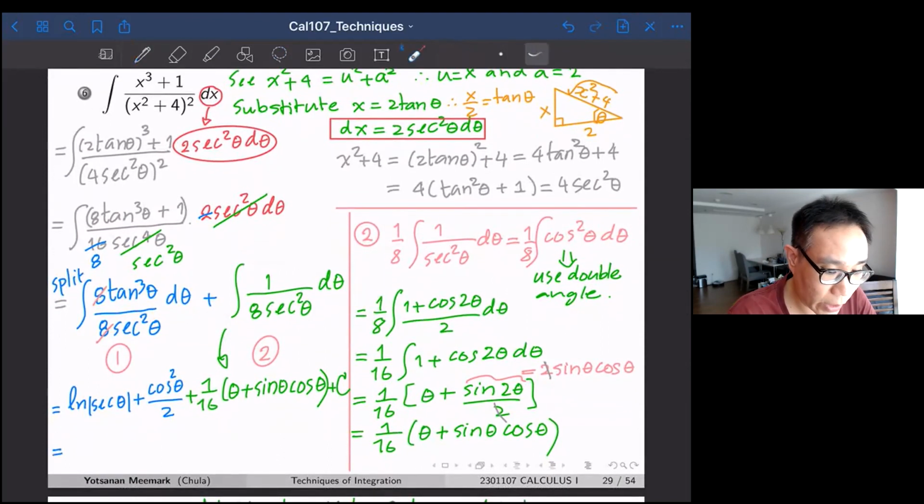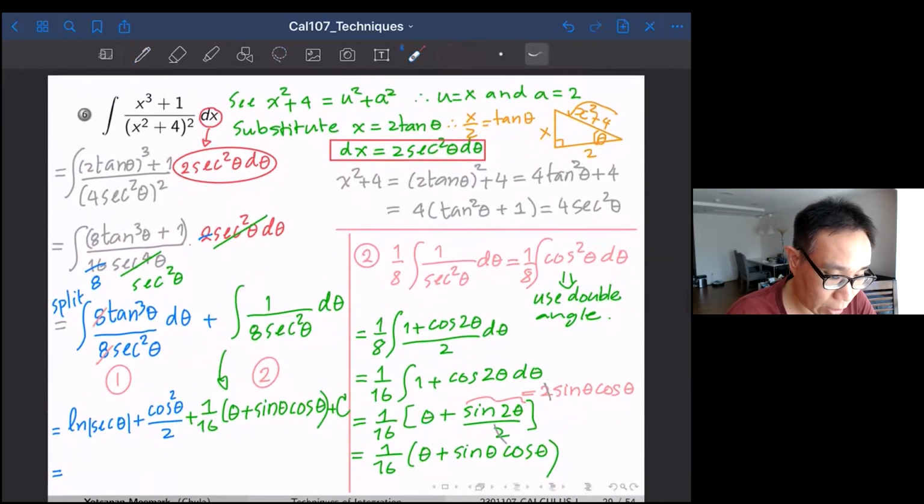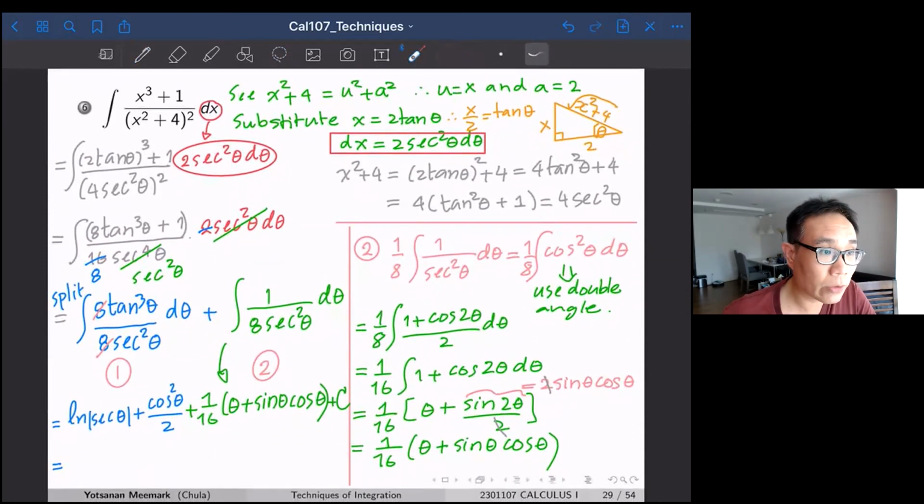And now, using this triangle, you are allowed to change everything in terms of x. So you take a look at this triangle, and you change this term in terms of x.